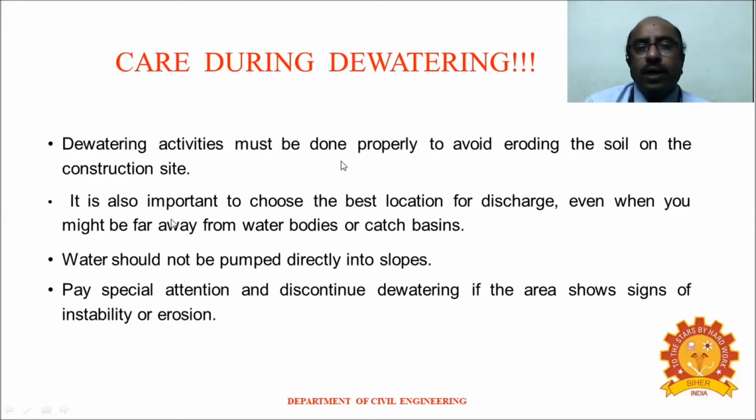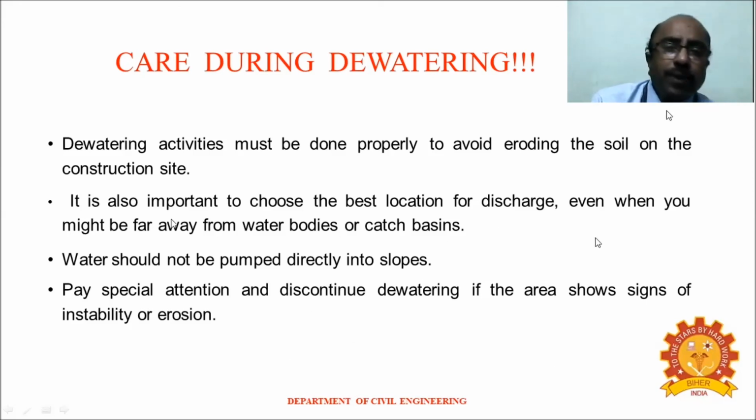It is also important to choose the best location for discharge. We should not pump out the water and put it very near to the well point. It should be discharged at a larger distance so that it is not going to again increase the existing groundwater table.